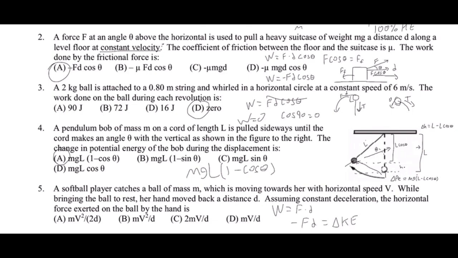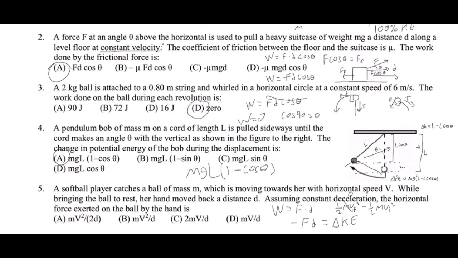And our change in kinetic energy is just going to be 1/2 mv final squared minus 1/2 mv initial squared. The final velocity is 0, right? Because she stops the ball. So that's just going to be 0. So now what do we have?